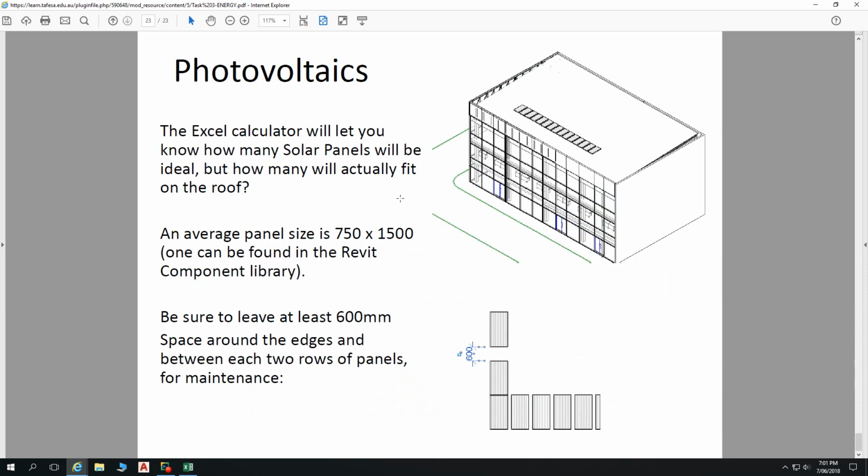This is not actually our building, so you'll see from your building. But we have a standard size of solar panel, which is 750 millimetres by 1500, and you can configure those solar panels any which way you wish.